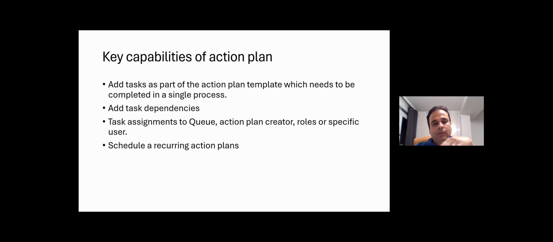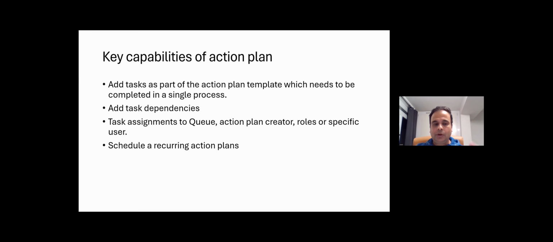So what are the key capabilities of action plans? You can add tasks as part of your action plan template, which can be completed in a single process. You can add task dependencies. You can also assign the task to specific queues, a role, the action plan creator, or a specific user. I will come to this task assignment because there is some complexity in it, but from a configuration point of view, assigning to a queue is very easy.